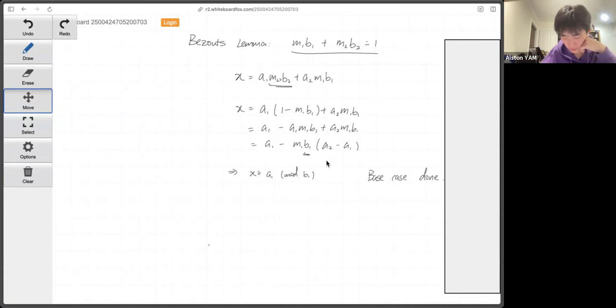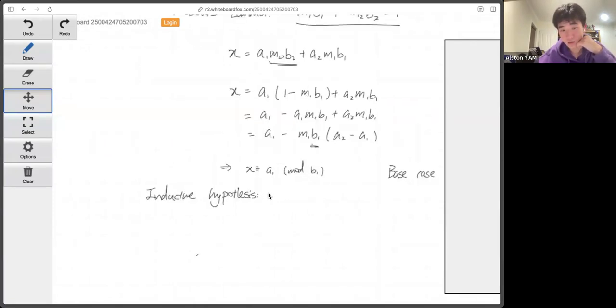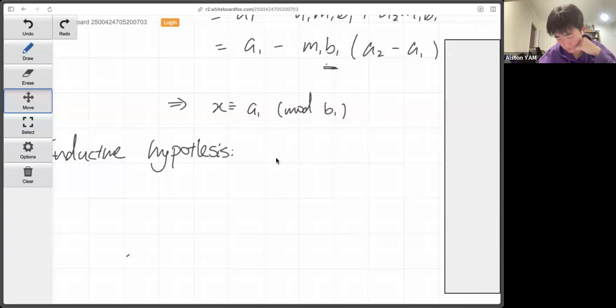And let's go to the inductive hypothesis, which is just to assume there is a solution.